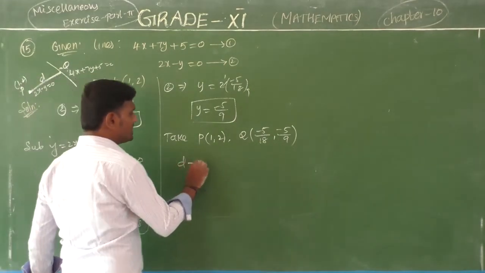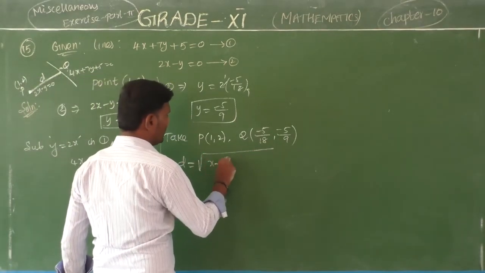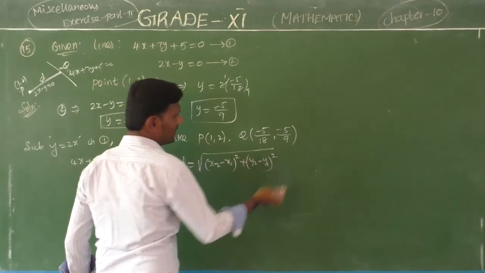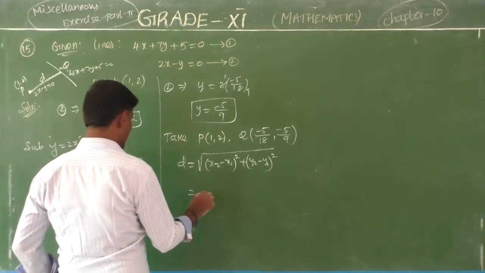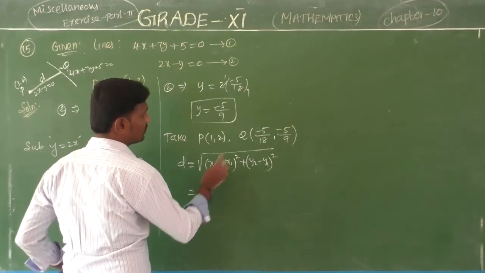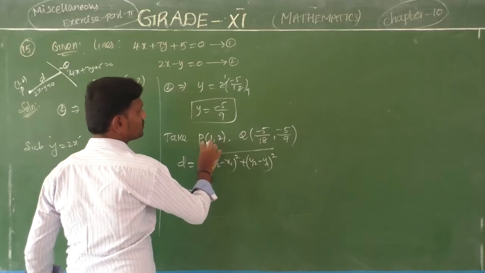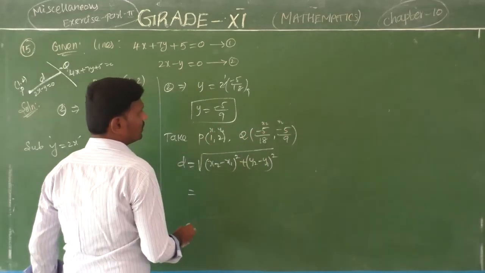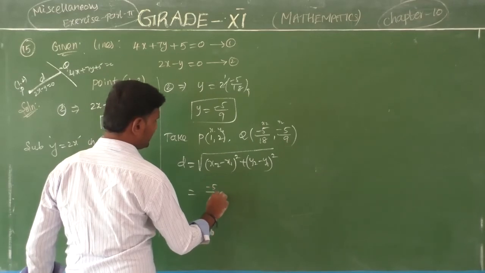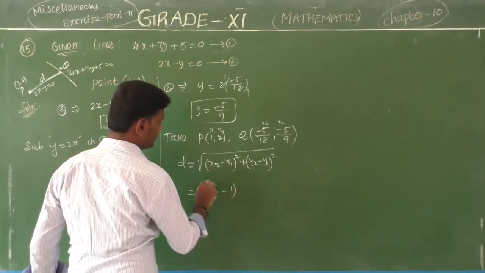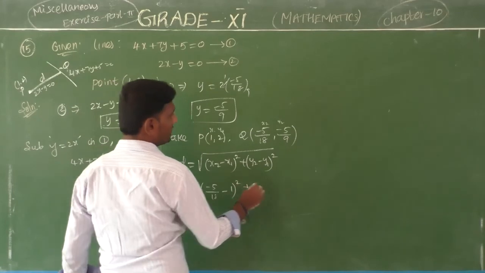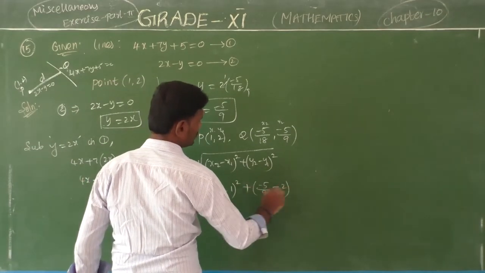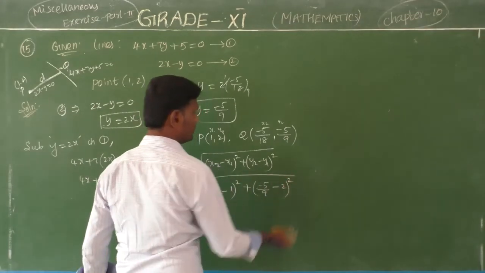Now you have the distance formula: square root of x2 minus x1 the whole square plus y2 minus y1 the whole square. Now substitute. What is your value of x2? x1, y1, x2, y2. So x2 is minus 5 by 18 minus x1, which is 1, the whole square, plus y2, minus 5 by 9, minus y1, to the whole square. Okay.